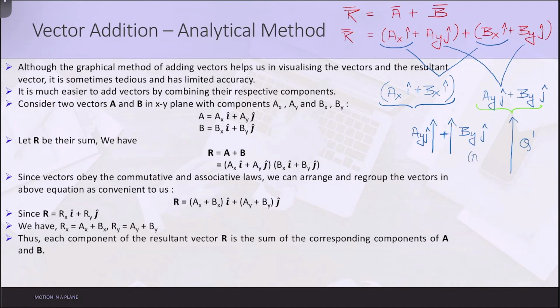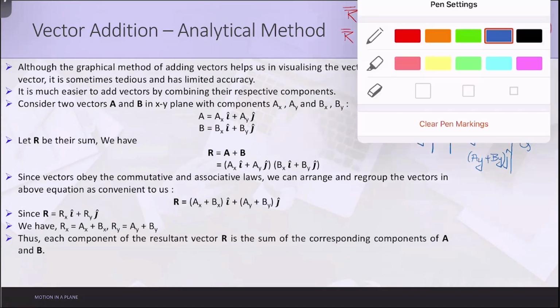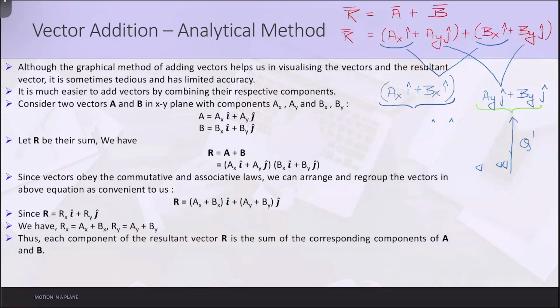It has a magnitude equal to ay plus by, and because it is in j direction only, we can write this as (ay plus by) times j cap. So this is equal to this plus this, and therefore we can write this as (ax plus bx) I cap plus (ay plus by) j cap.